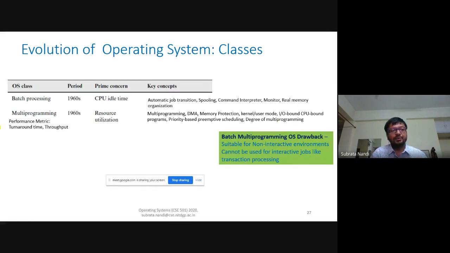And for the performance metric, earlier it was only turnaround time, and now we can consider the throughput also. But these two are sometimes conflicting, because one is from the users' and one is from the system's perspective.